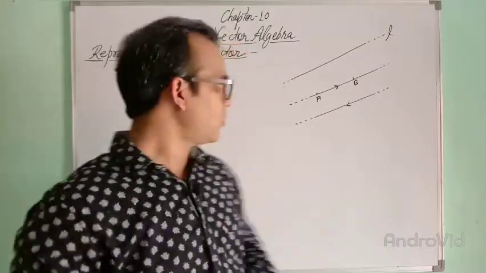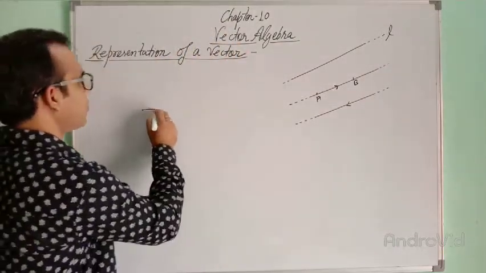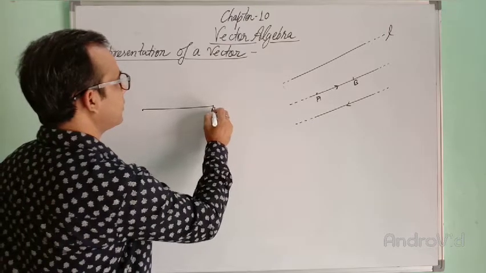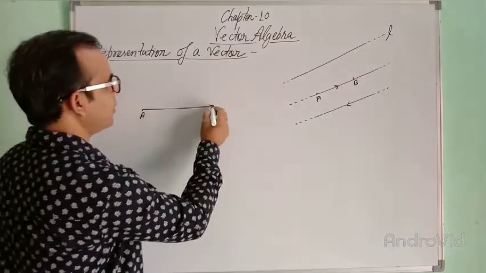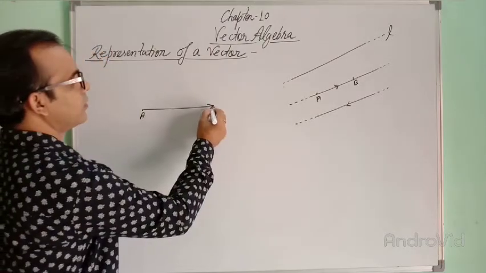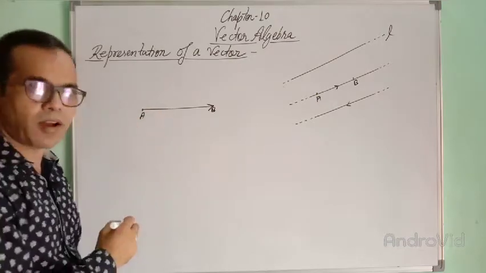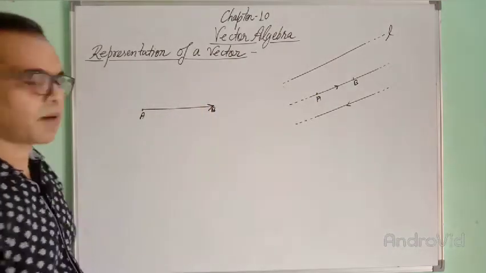Clear? So now in order to represent the vector quantity, suppose we take the two points A and B, then this arrowhead is at B. This is called the initial point and this is called the terminal point.